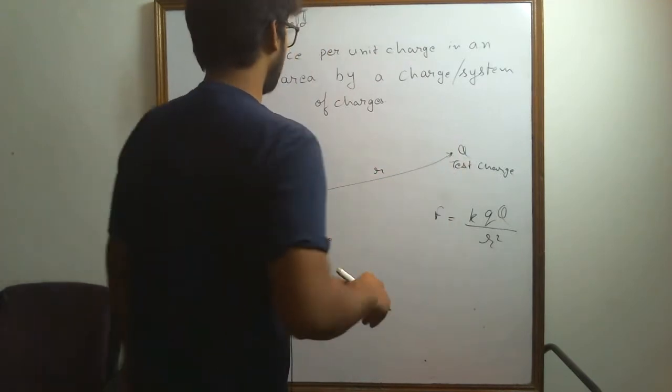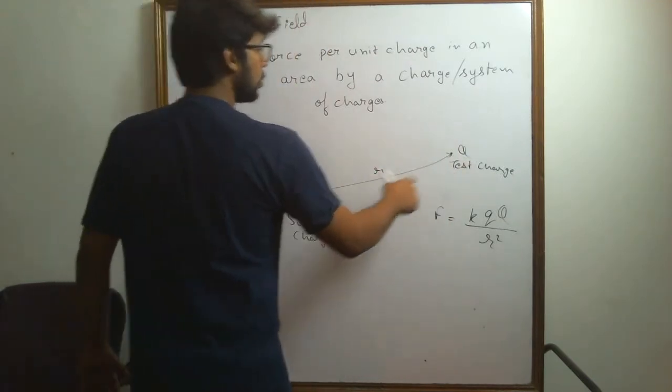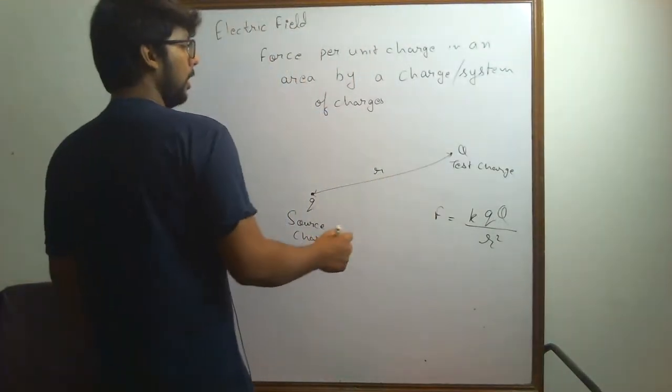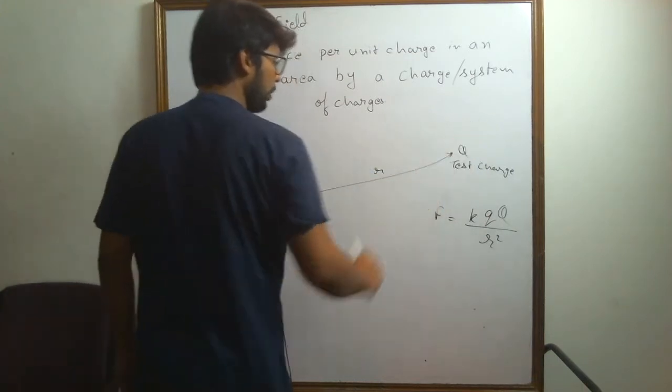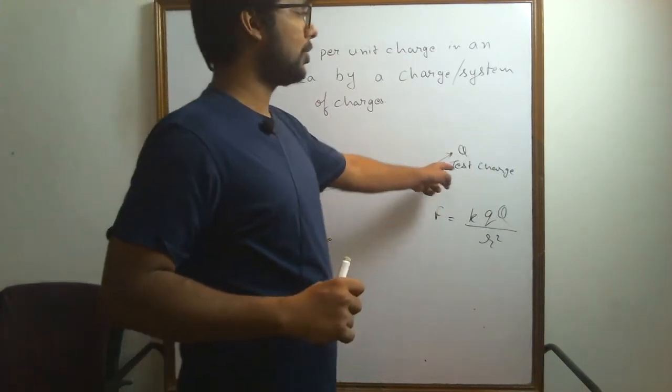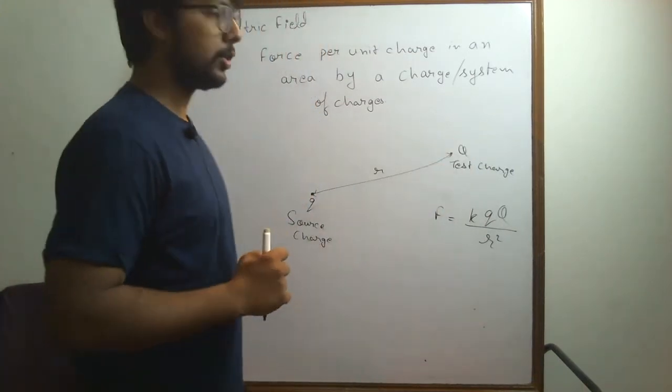We're trying to understand the force by this source charge on this test charge, and this is what it comes out as. And the direction of force is outwards, considering that the test charge is also a positive charge.